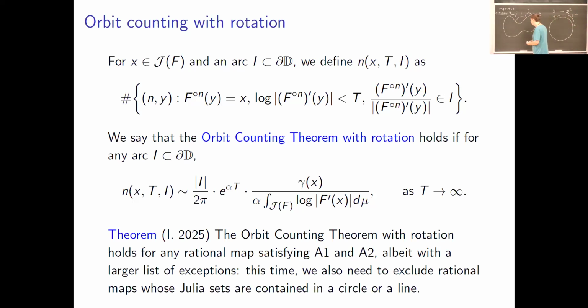So, for example, if the Julia set is contained in the real line, the derivative is always a real number. So one has to exclude those examples, but otherwise you're fine. So this is the second main theorem of this talk.